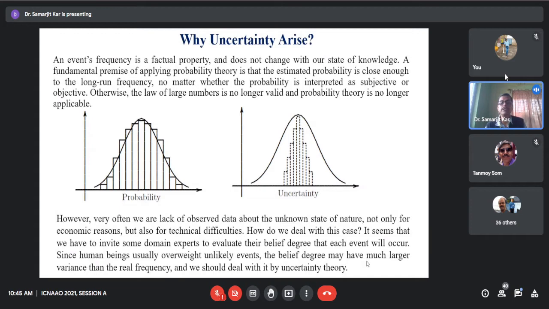But why is such uncertainty important? Here I just quickly gave you this example. If we have historical data sets that are completely known, then obviously random theory is the best choice.